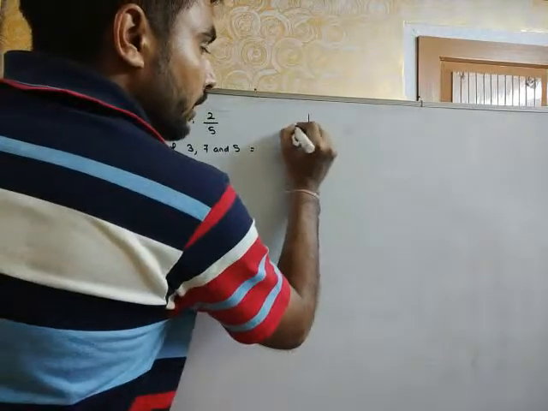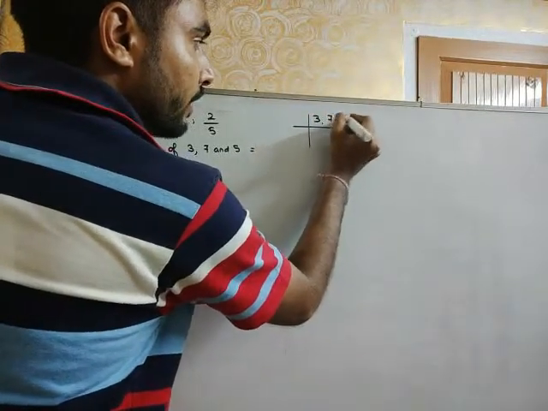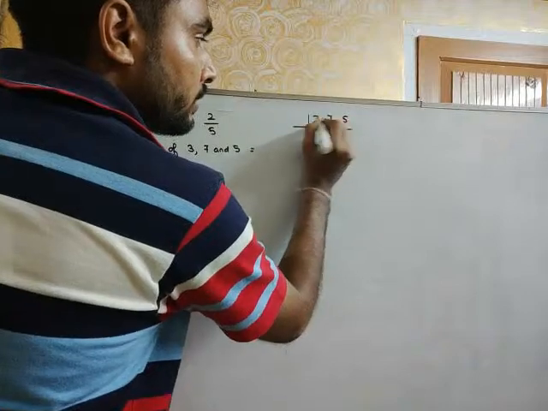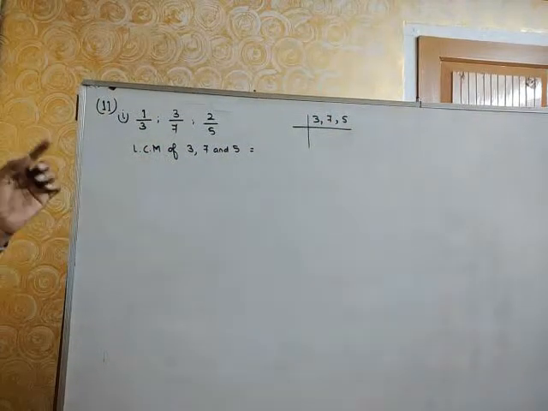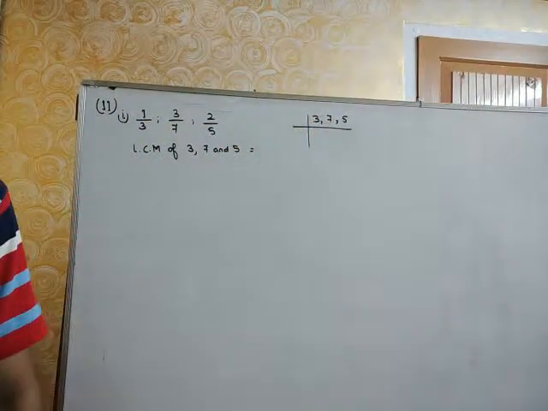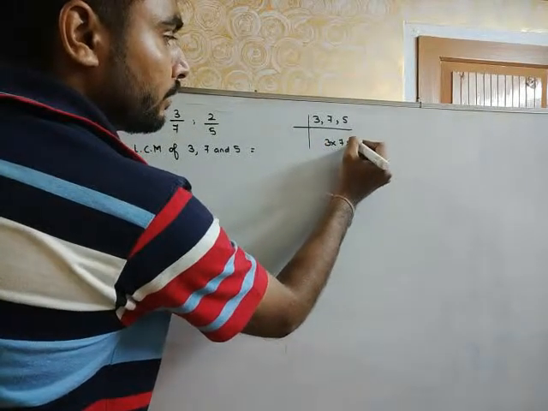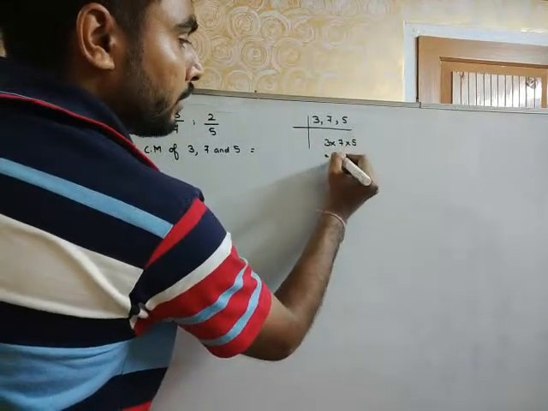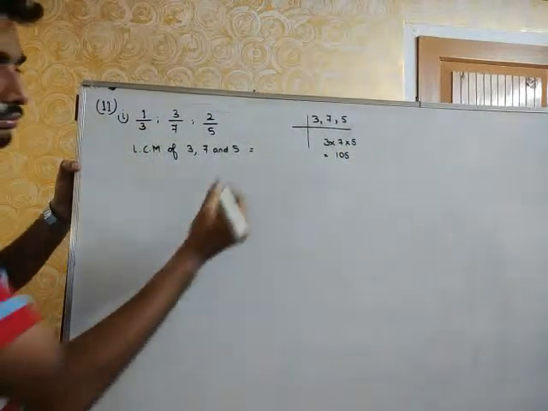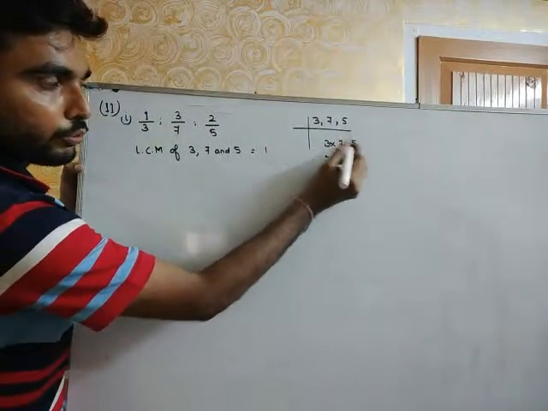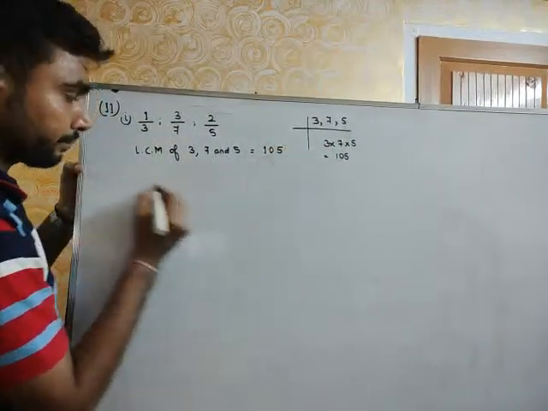There is no common factor among 3, 5 and 7, so the LCM will be 3 into 7 into 5, which is 105, because 3 into 7 is 21 and 21 into 5 is 105.